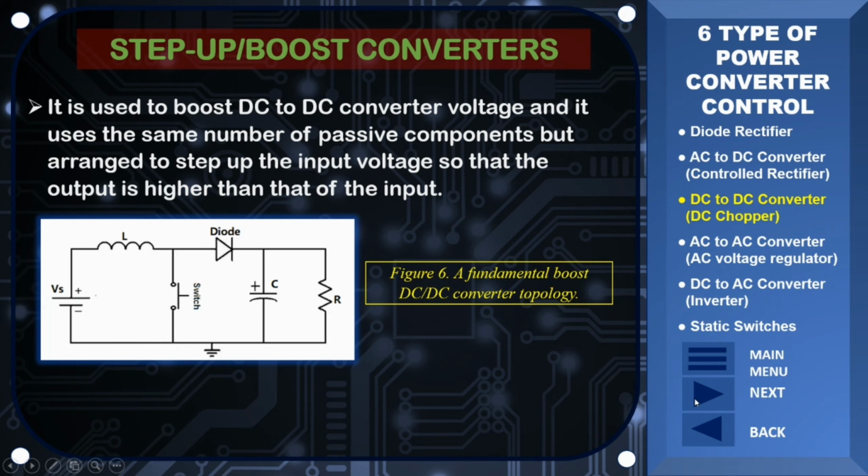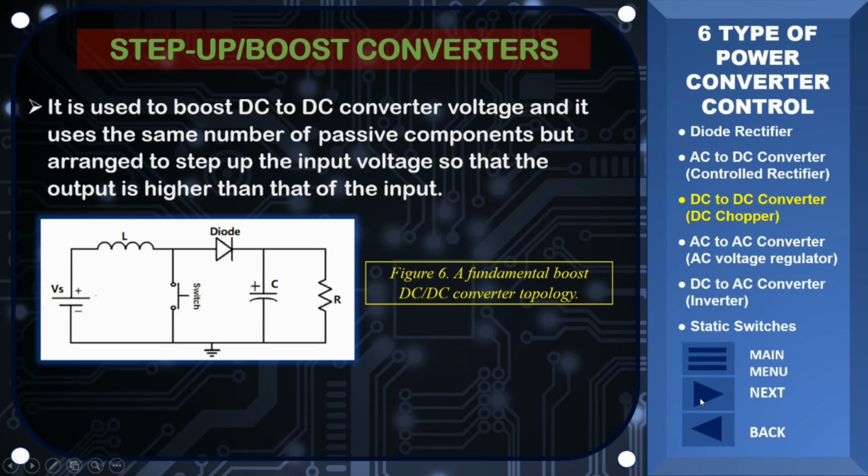As Figure 6 shows, a fundamental boost DC to DC converter topology is a class of switch mode power supply containing at least two semiconductors, a diode and a transistor, and at least one energy storage element, a capacitor, inductor, or two in combination.